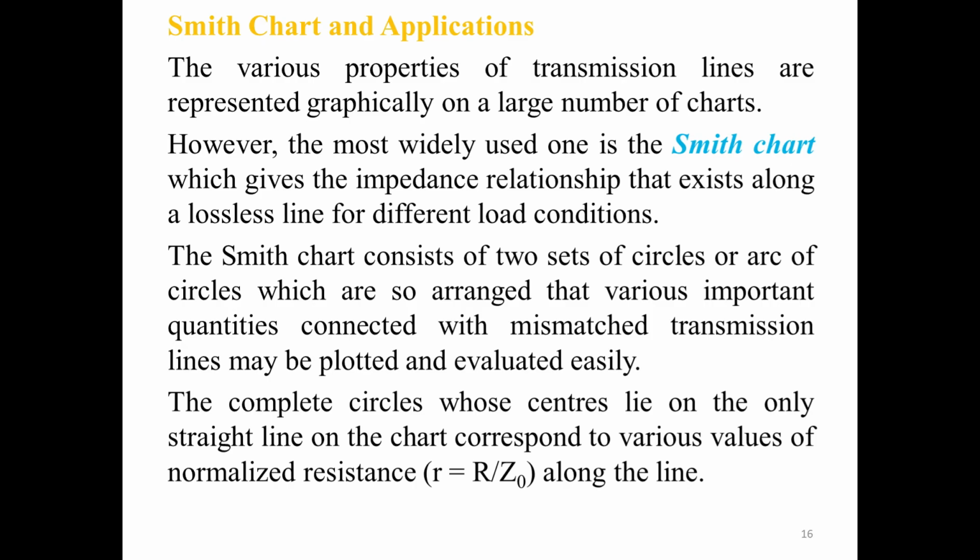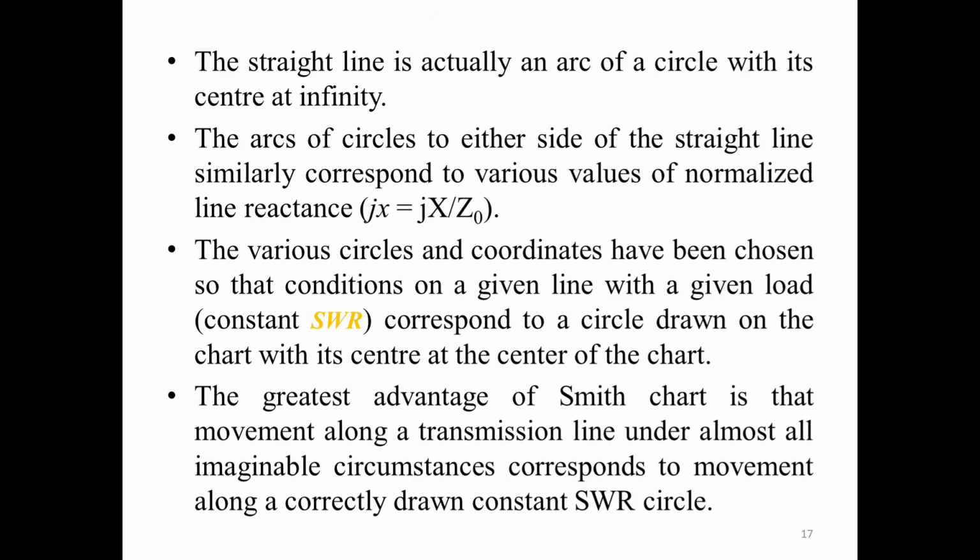The complete circles, whose centers lie on the only straight line on the chart, correspond to various values of normalized resistance, given as r equals R over Z0, along the line. The straight line is actually an arc of a circle with its center at infinity. The arcs of circles to either side of the straight line similarly correspond to various values of normalized line reactance.